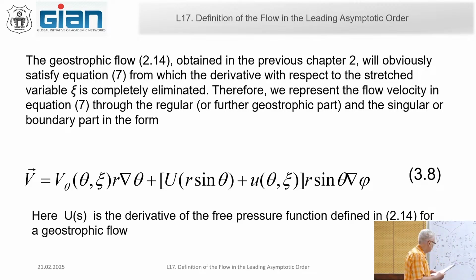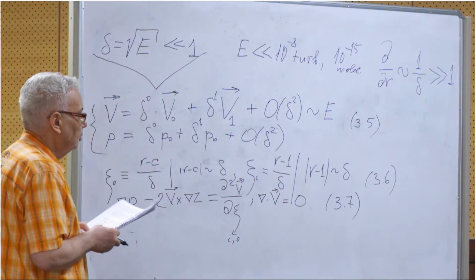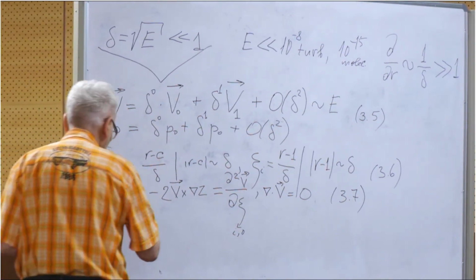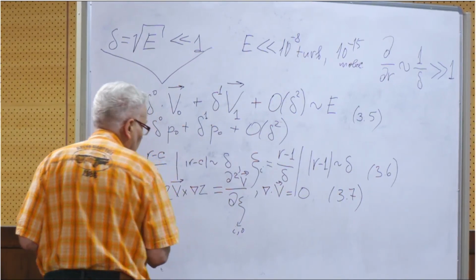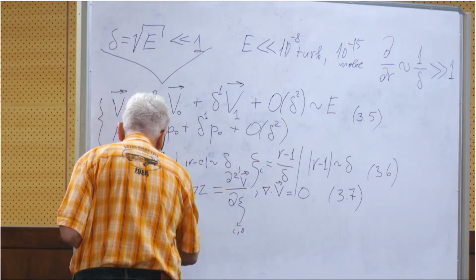So we can choose the form for the velocity field, which is rather natural here. We just expand it like v theta.